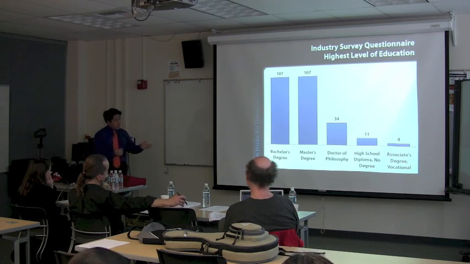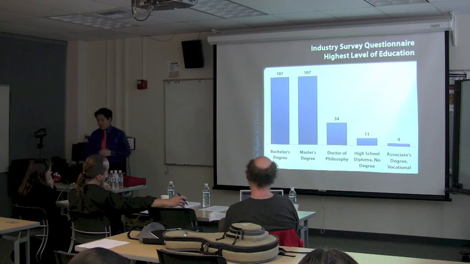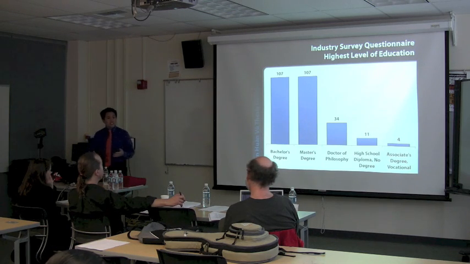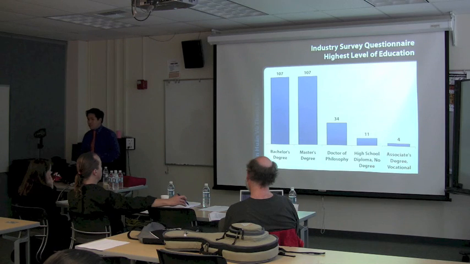However, I was extremely humbled that I got 34 with a PhD, since it is the highest level of university degree awarded to anyone who has successfully completed a lengthy piece of original research. And having 34 people who were willing to answer said to me, wow, these people have completed something big, and they will be beneficial in answering the industry survey questionnaire.